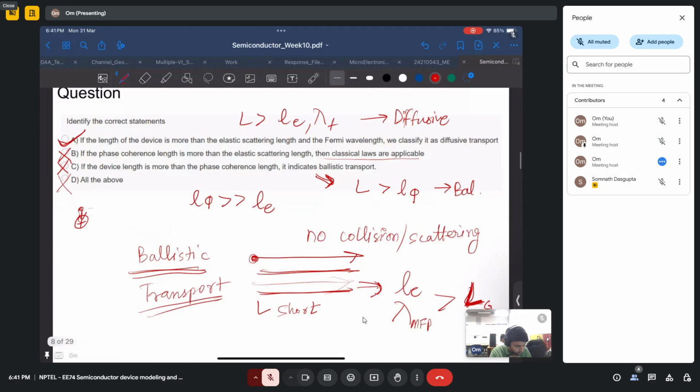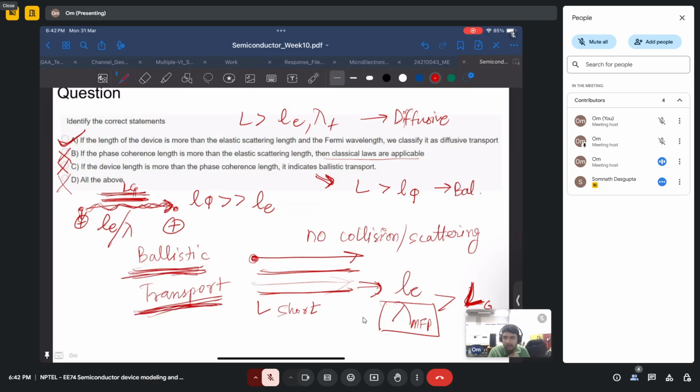Now it will again travel with some velocity and it will again scatter with another charged ion only after its mean free path distance, which I can call Le or lambda. Now, if your channel length LG is shorter than this mean free path, that is, the distance between two collisions is larger than your LG, that means within this LG it will have no collisions. No collisions means no scattering, and no scattering means very high velocity. So this is ballistic transport, where there is no scattering or very minimal scattering.